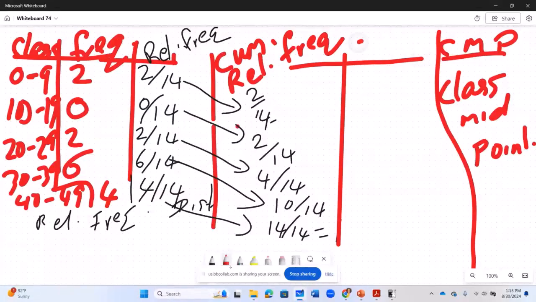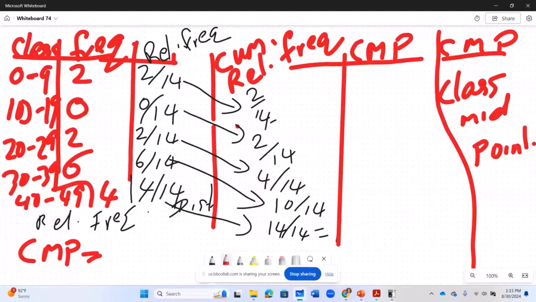So I'm going to put CMP here. And how do I calculate the class midpoint? The class midpoint CMP is equal to the lower limit of the class.